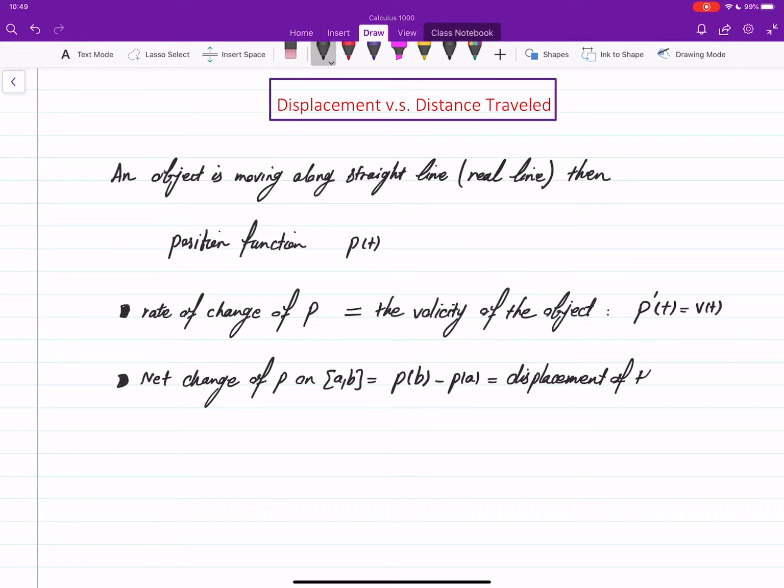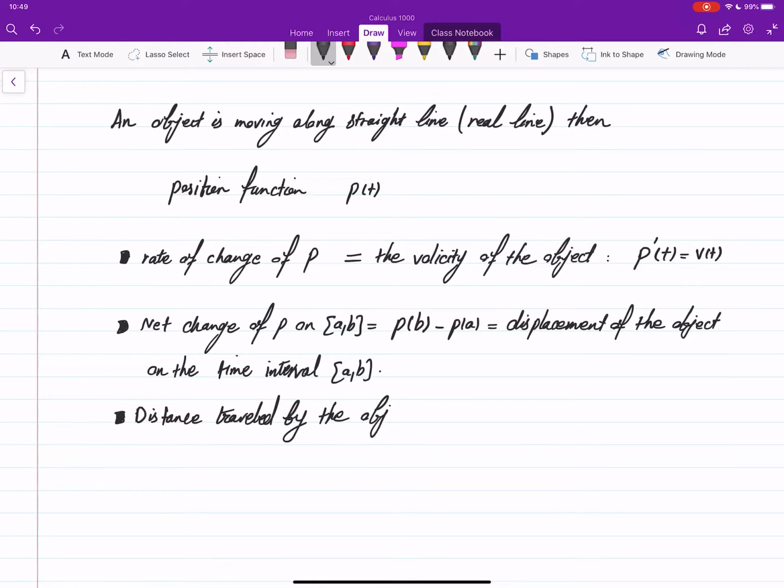Also, one can ask about another thing, which is distance traveled by the object on the time interval AB. Here you have to note the difference between distance traveled and displacement.